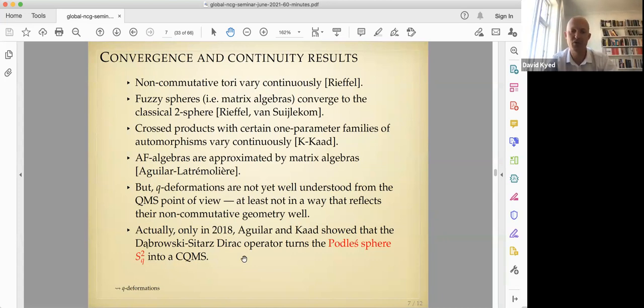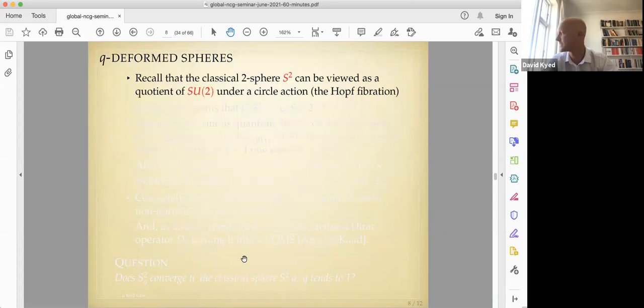So maybe I should set the stage a little bit for q-deformations. I will be brief because most of you have met these things already. But I wanted to quickly recap some of the definitions, because at some point I need to get underneath the surface just a little bit.